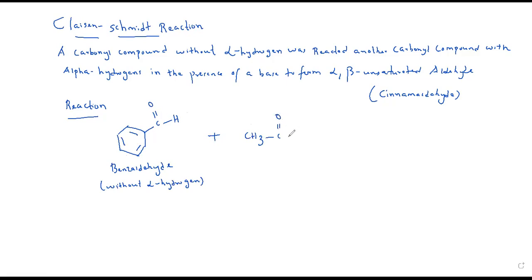For example, I'm going to take acetaldehyde, and it is with alpha hydrogen. Now, these two carbonyl compounds, you are going to react in the presence of a base. So I'm going to take sodium ethoxide.